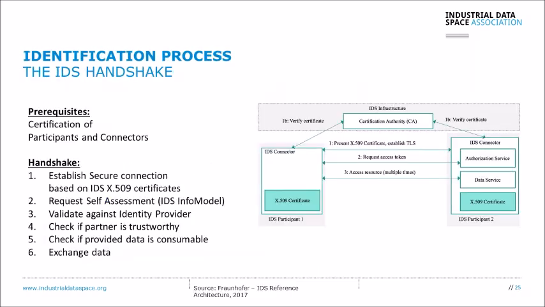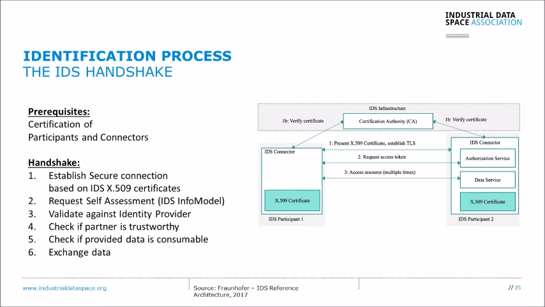What I said before is that every IDS connector can talk to each other IDS connector, and this is the identification process, or I would like to call it the IDS handshake. What we have as prerequisites is that every participant and every connector has to be certified. There are different ways to get certified as a participant and as a connector. I will come back to this later on.